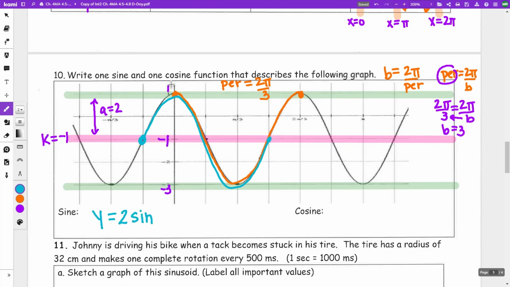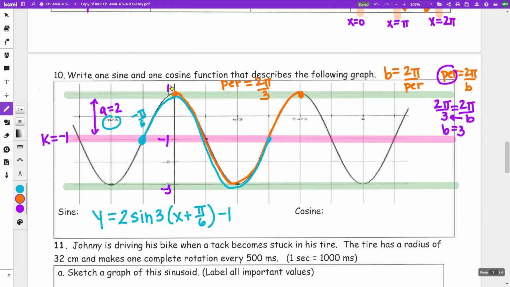My b is 3. I am starting at, if that's a negative pi thirds, this is going to be half of that, which is going to be a negative pi 6. Because if I take pi thirds and divide it by 2, I get a pi 6. So this is going to be x plus pi 6, and then my k, minus 1.